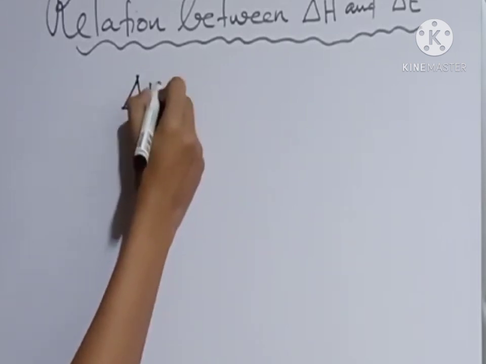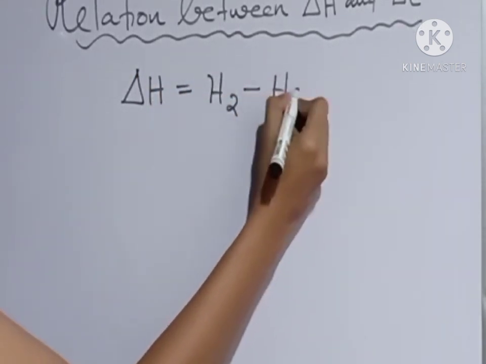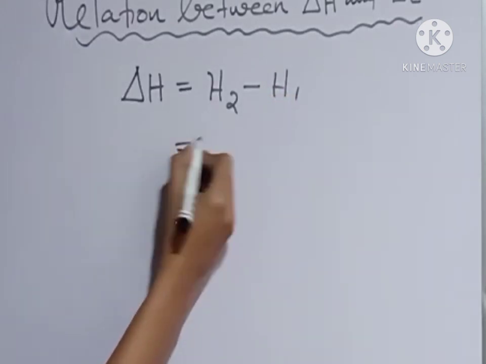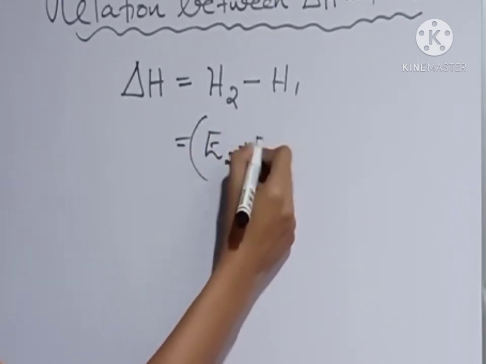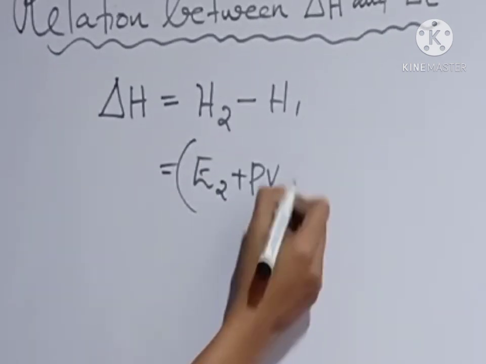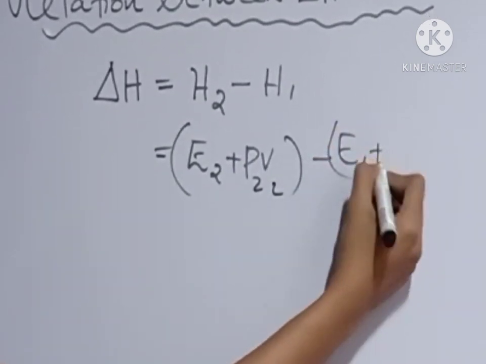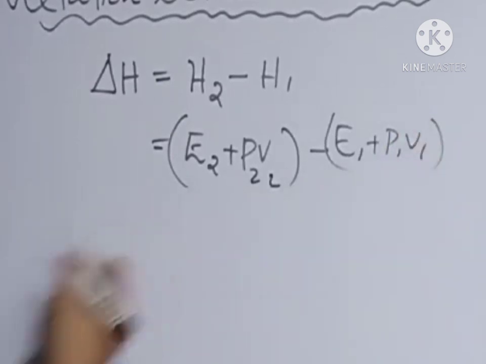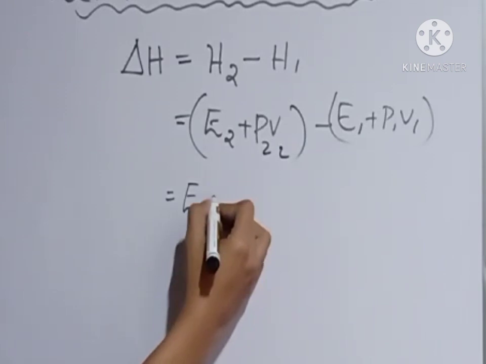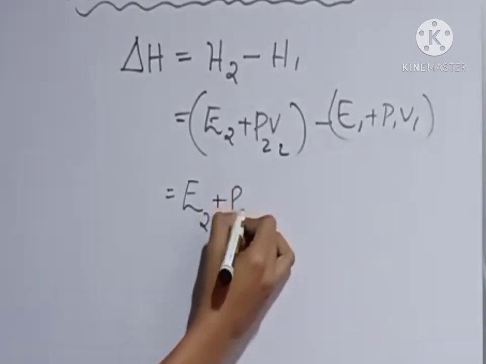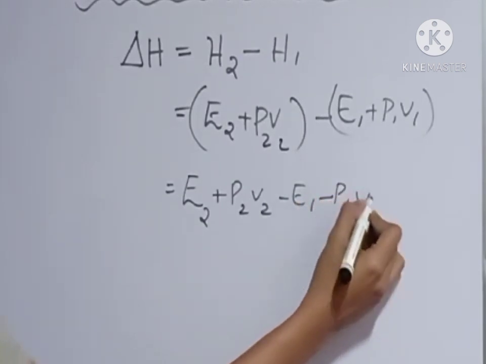We can write delta H, change in enthalpy, as H2 minus H1. We know H2 is E2 plus P2 V2, and H1 is E1 plus P1 V1. If we remove the brackets, we get E2 plus P2 V2 minus E1 minus P1 V1.